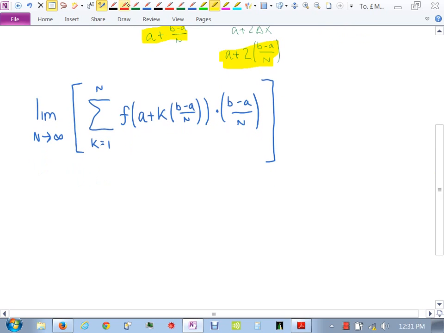I'll show you an example if you want to see it. How would I find the area under the function e to the x on the interval, we'll make it real easy, 0 to 1?